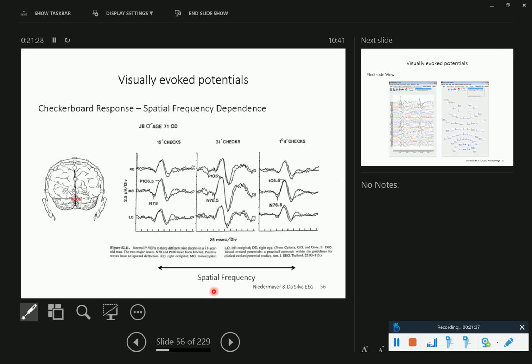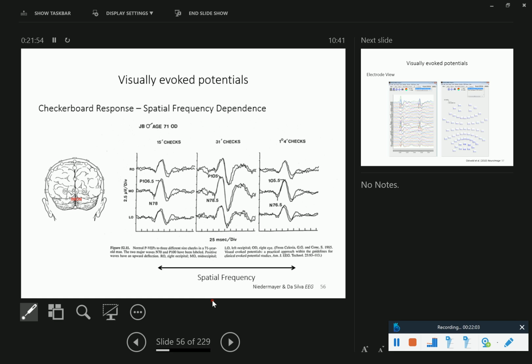What is also modulating visually evoked potentials is the spatial frequency of the checkerboard. So if you have a different tiling, if you have very big squares, you get a different response with respect to very fine tiles, and there is kind of an optimal intermediate size.